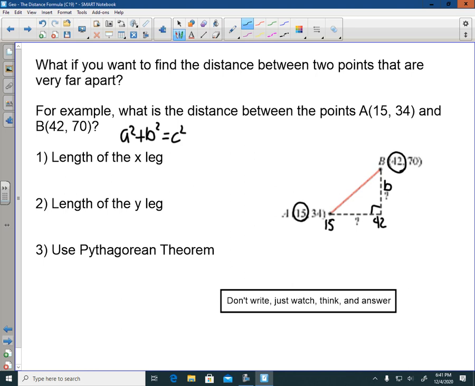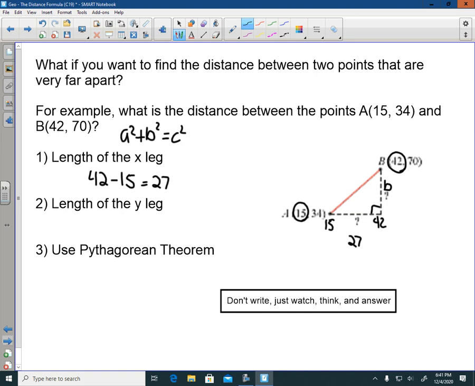And if we want to find the length in between 15 and 42, we could just subtract 42 minus 15, correct? Wouldn't that give us that length? So if we take 42 and we subtract 15, we get 27. So now we know that this side is 27 units long.